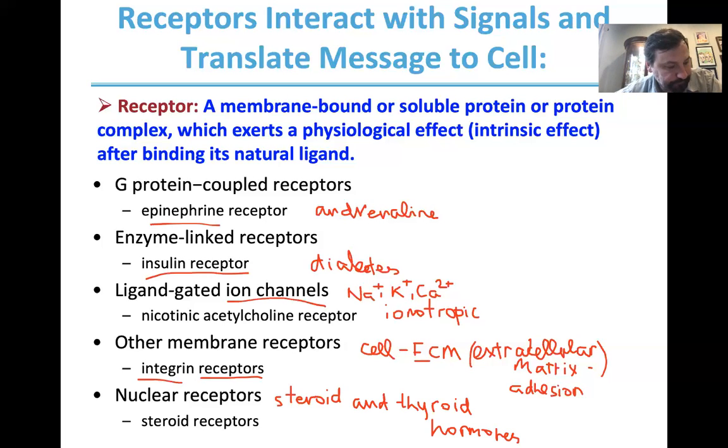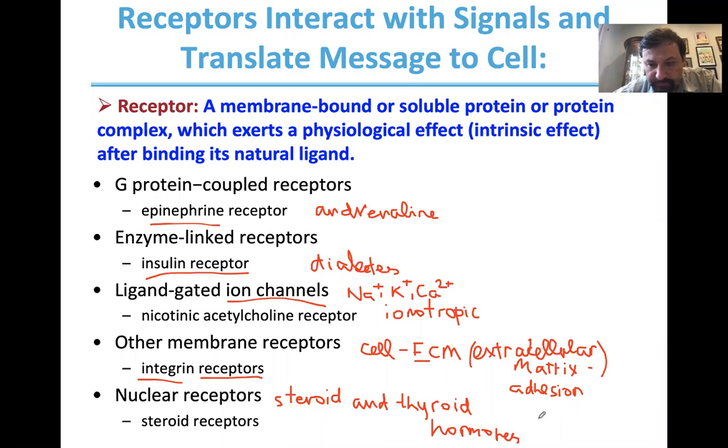Okay. So these ones, the primary role of this is to regulate gene transcription, okay, or gene expression, I should say. So basically, they will directly bind to DNA, right?